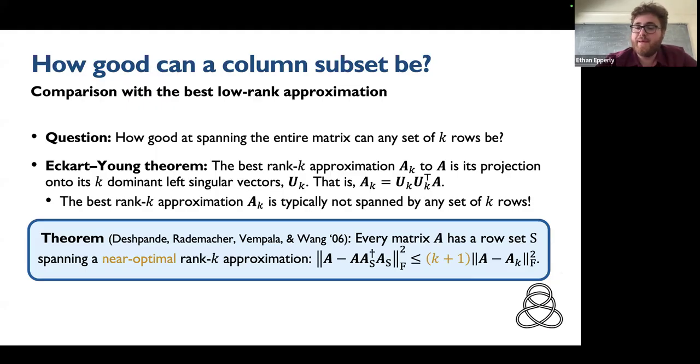So this really says that the best row-based low rank approximation to A is at most a small factor of K plus 1 times the best rank K approximation.